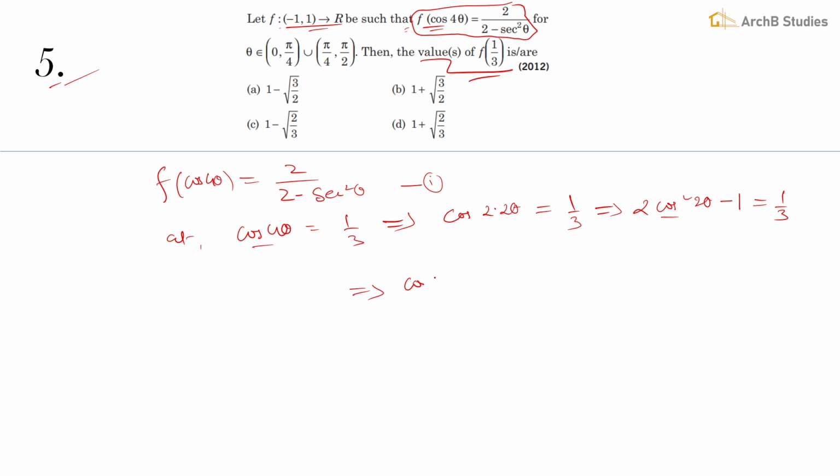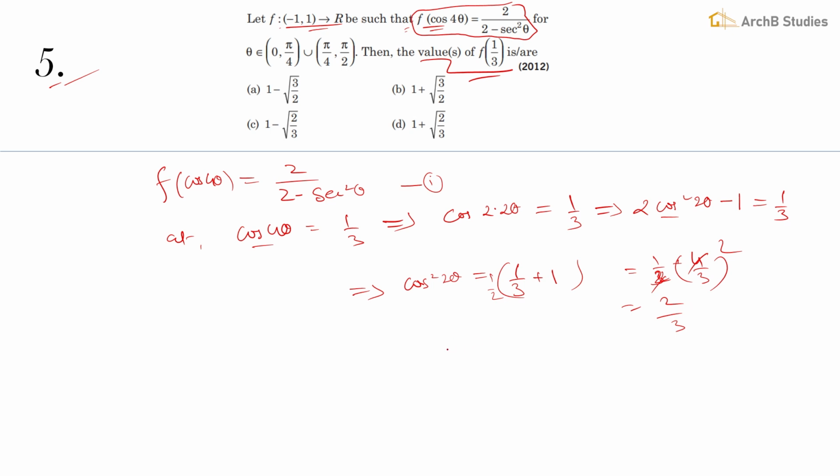Now cos square 2 theta will be 1 by 3 plus 1 divided by 2, that is 1 by 3 plus 1 by 2 into 4 by 3, to 2 by 3.